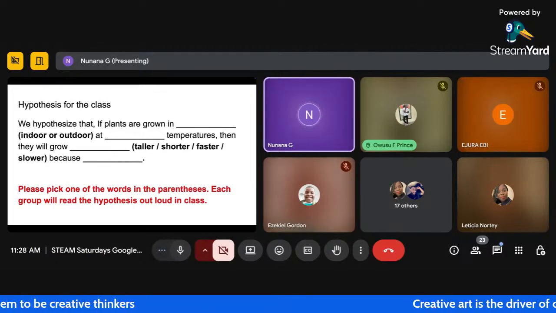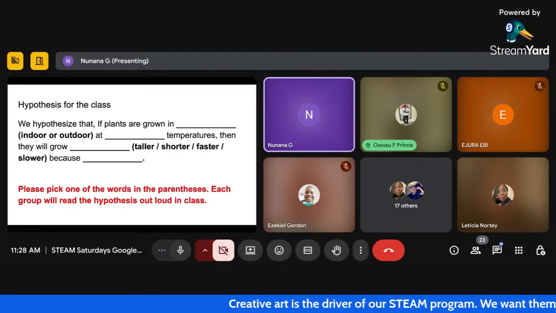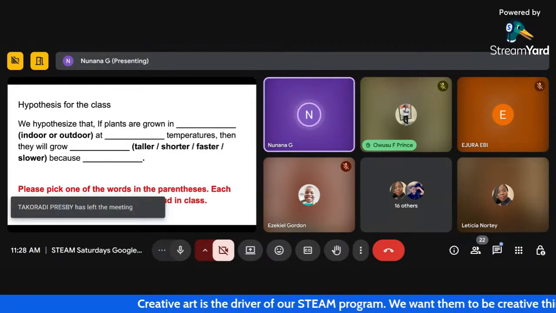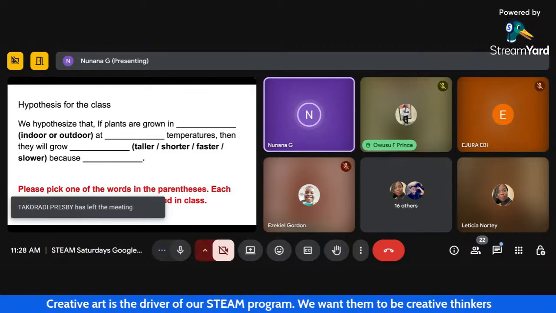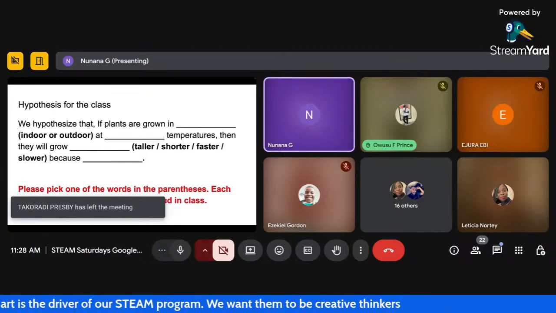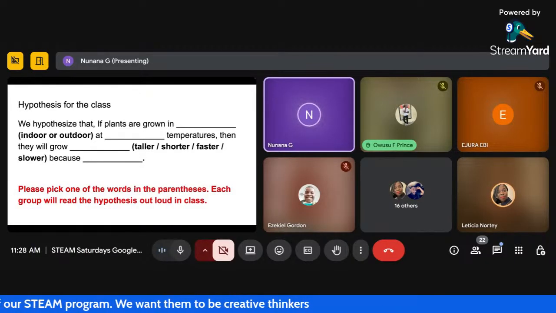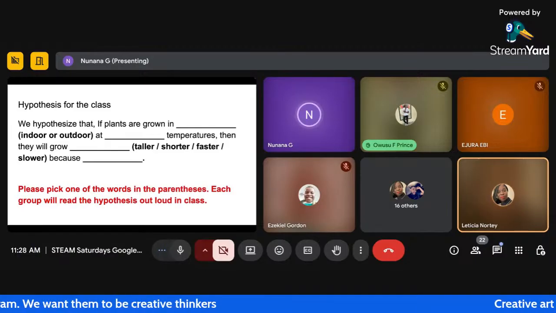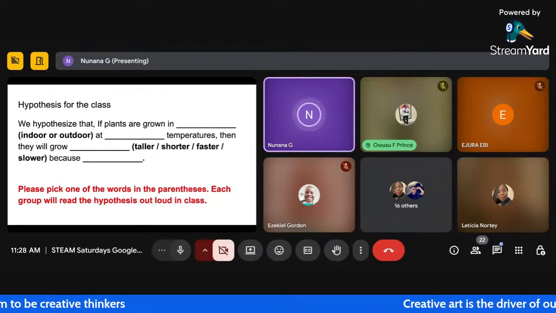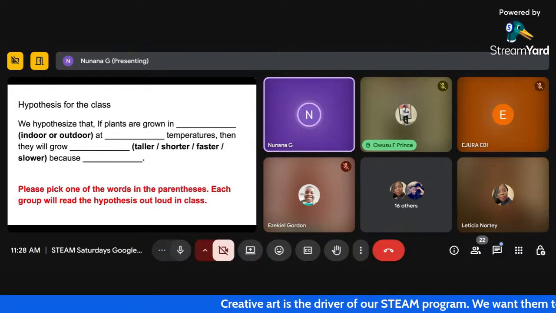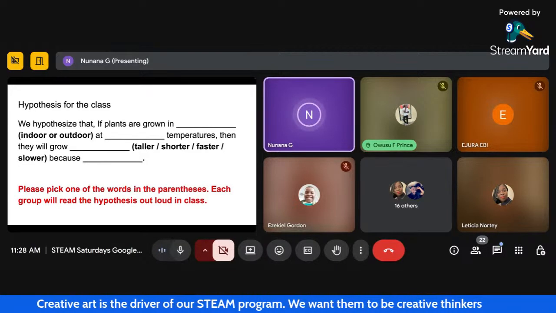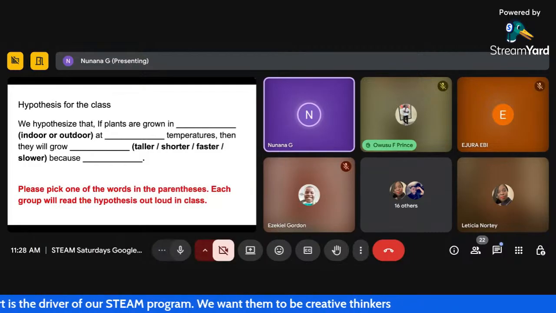Every group has to have this. You are going to say: we hypothesize that if plants are grown in blank at blank temperature, you have to put a number here, then they will grow, you select one, because blank, you fill it out. Does that make sense?